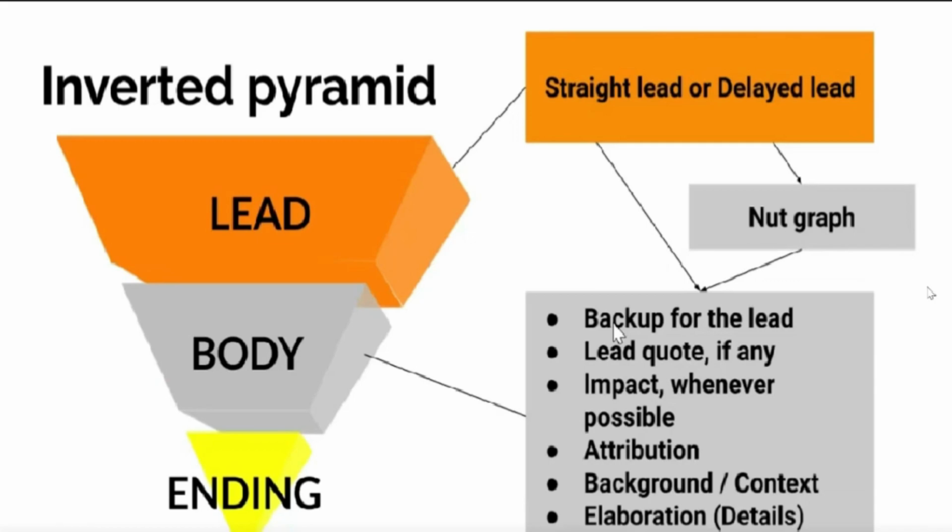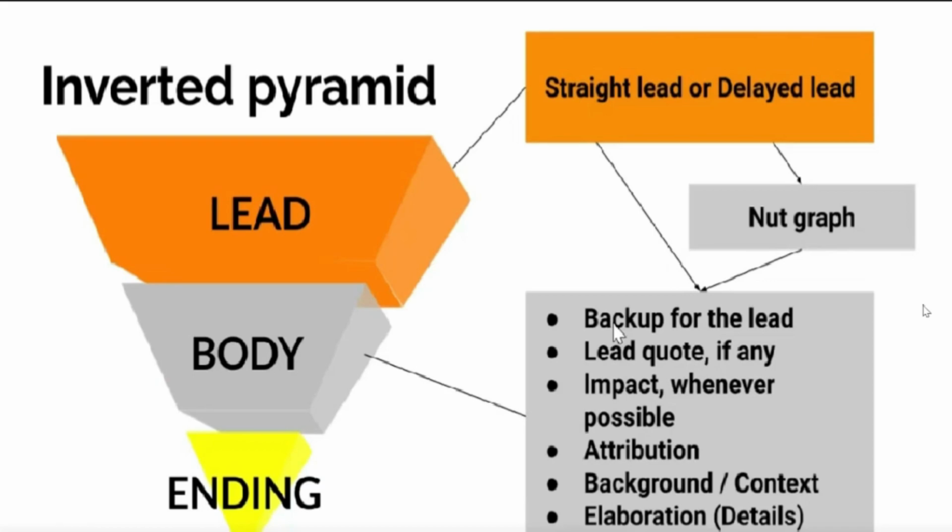Kapag straight lead ang ginamit natin, diretso ka na sa body, and the straight lead is being followed by the backup lead. Halimbawa, sinabi niyong 5 ang patay sa iba't ibang lugar na pinangyarihan, or may 5 patay doon sa mga gumuhong building.